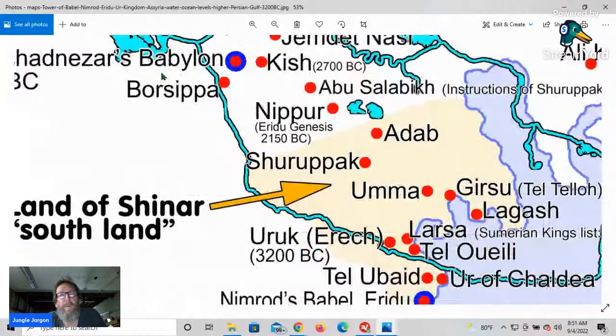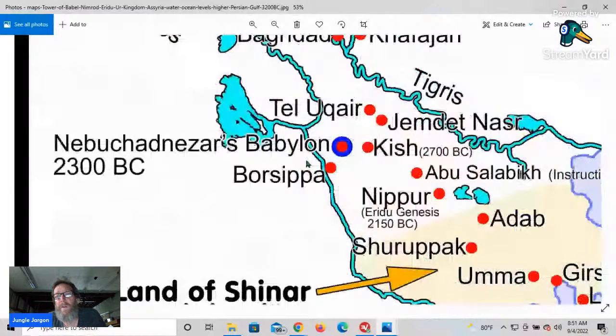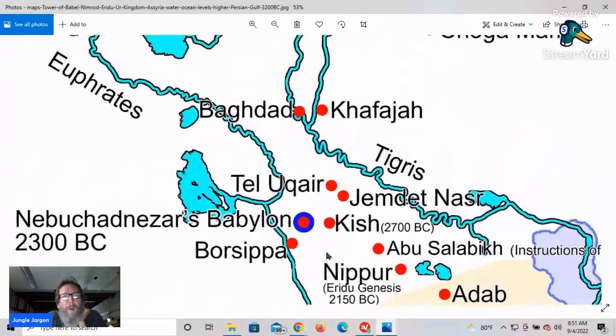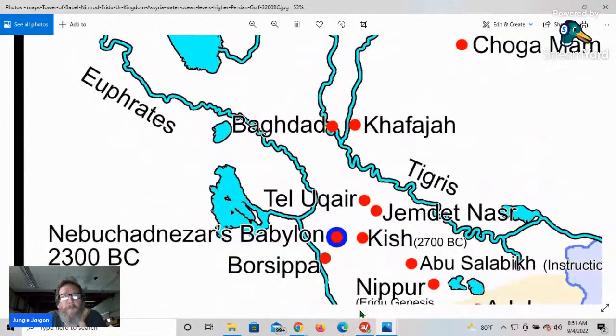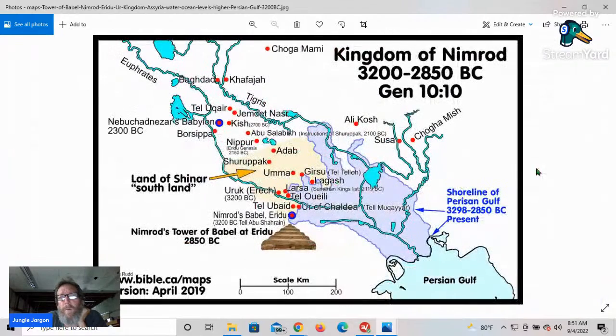He left Babylon, or left this area of Babylonia, and went to where God showed him, in the place of the mountain of the Lord, Jerusalem. So there's that.